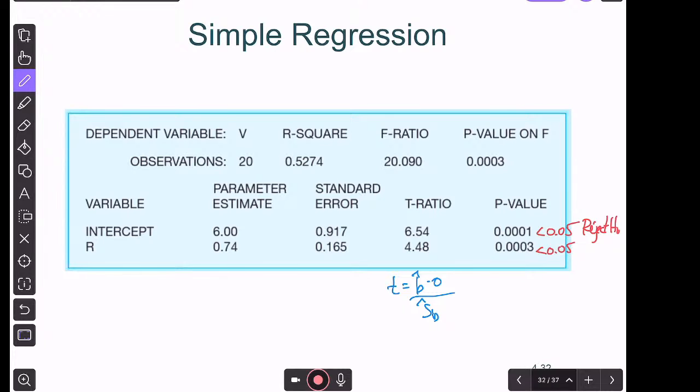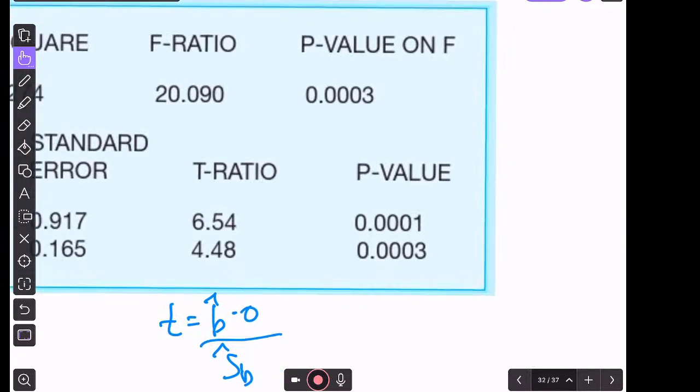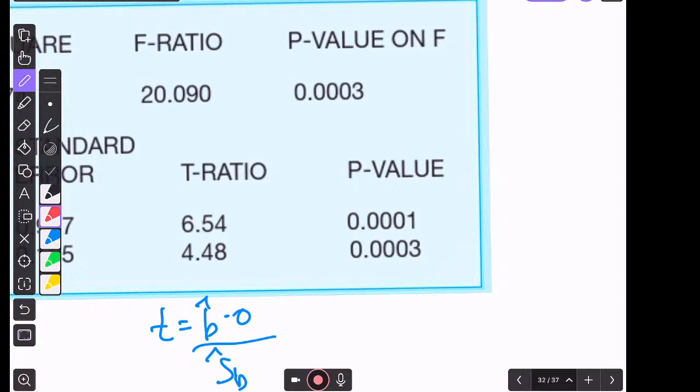That's how you conclude. Let me do this bigger. So this is where you conclude. Now, the only reason I mentioned the critical values is because I know it's in the textbook and they talk about critical values and compare these to critical values.